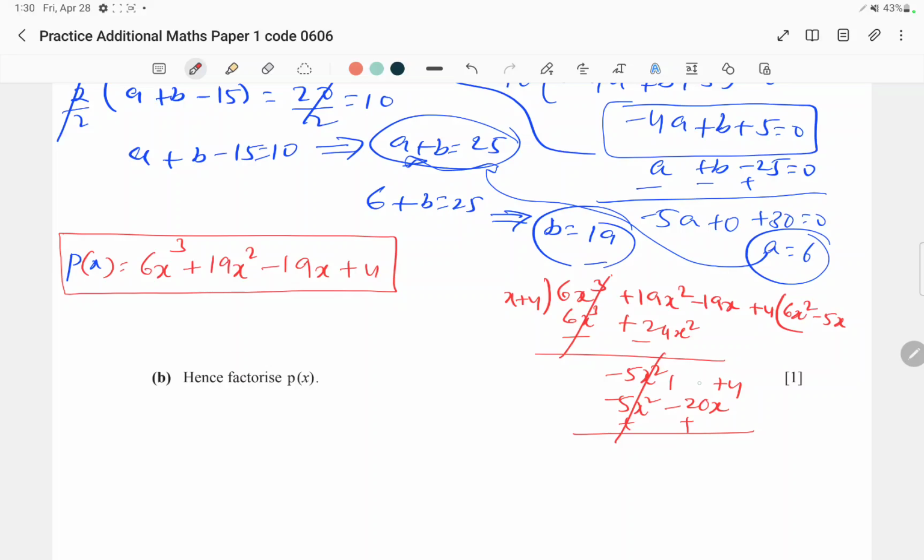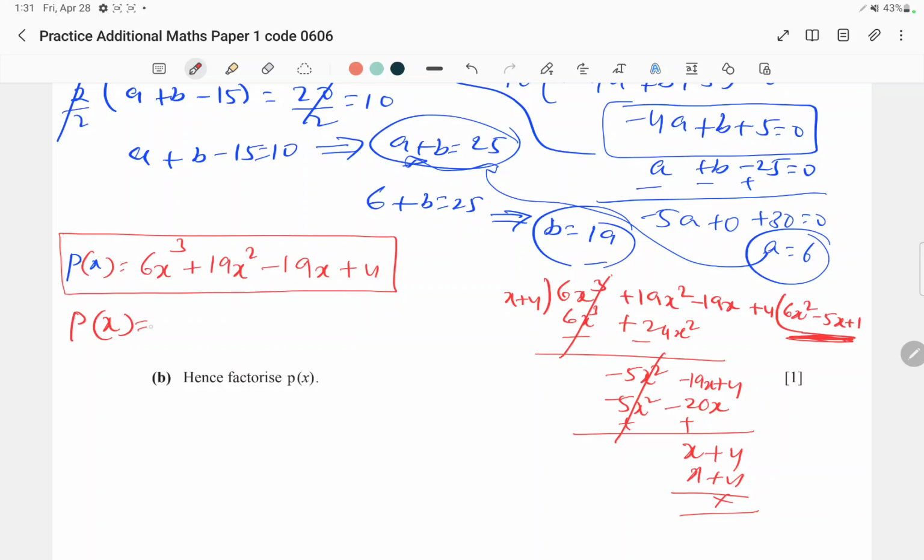So this is minus 19x, right? Yeah, minus 19x plus 20x. So it is plus x and then plus 4. So x divided by x, you will get 1 here. Now this x plus 4 got cancelled. So what we got here, quotient 6x square minus 5x plus 1.